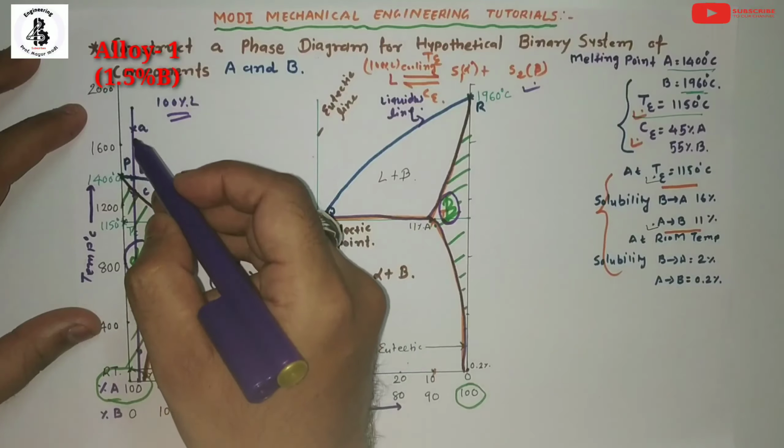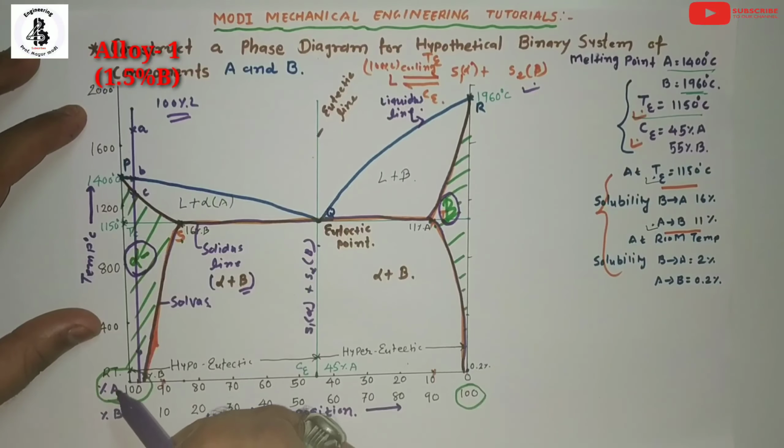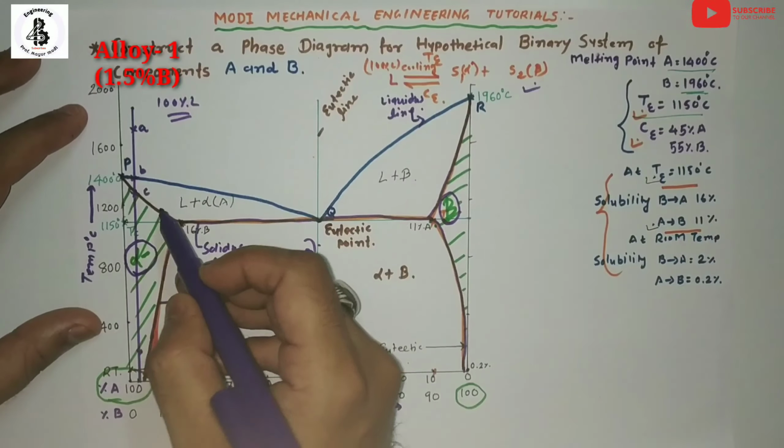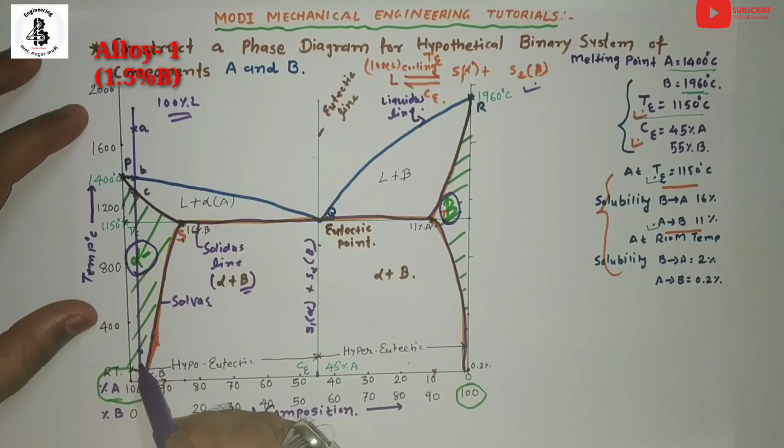These are all the transformation points where the 100% liquid transforms into different phases up to room temperature. So let's see.